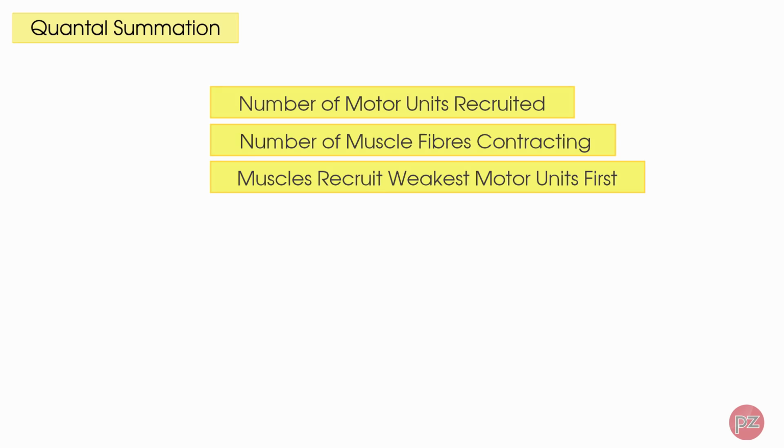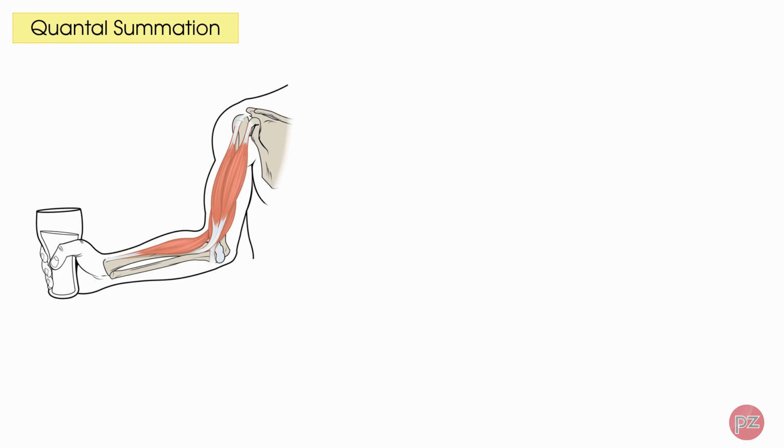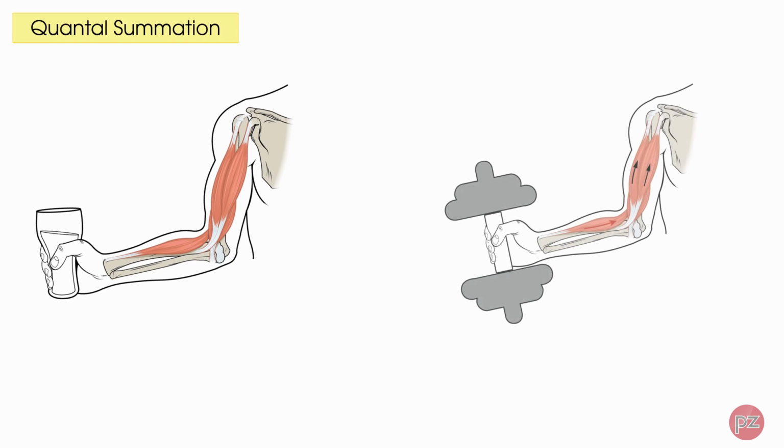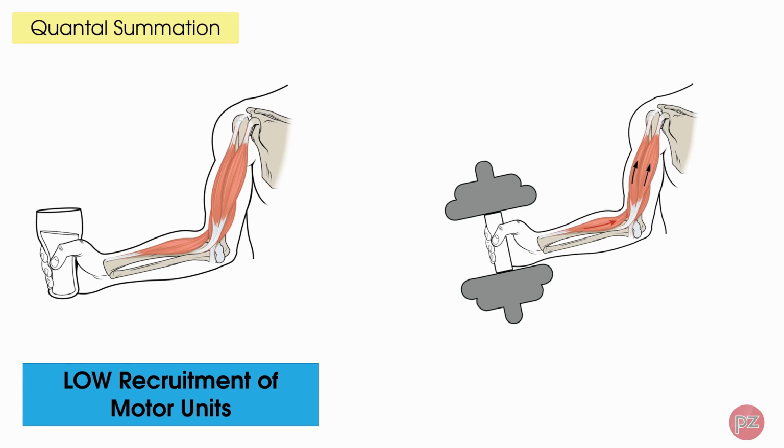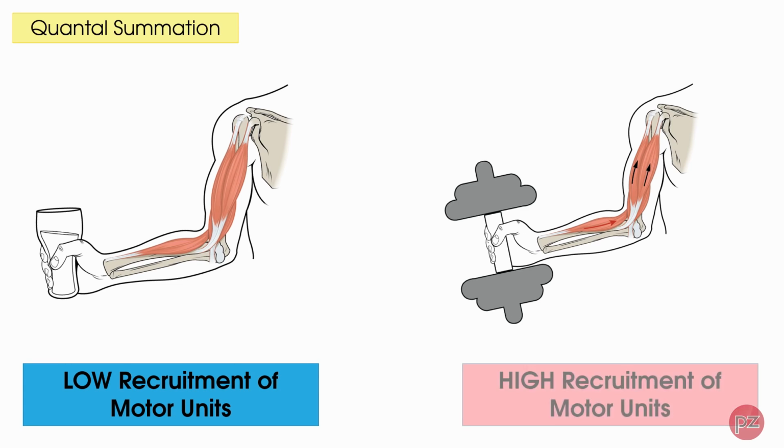So if you think about holding a glass of milk with a flexed elbow, it's not quite as difficult as if you were to try and hold a much heavier dumbbell in that same position. When you're holding just something as light as a glass of milk, there is low recruitment of motor units. As the weight increases, we recruit more and stronger motor units progressively.